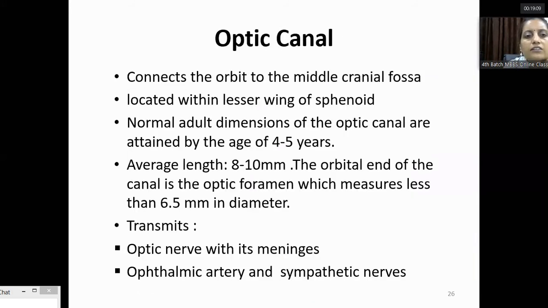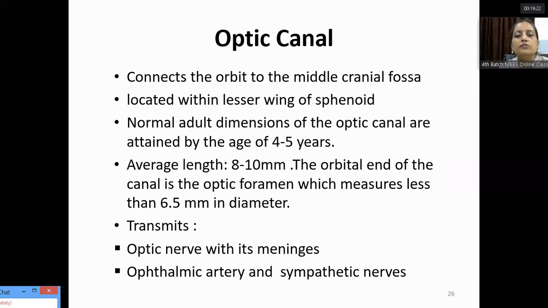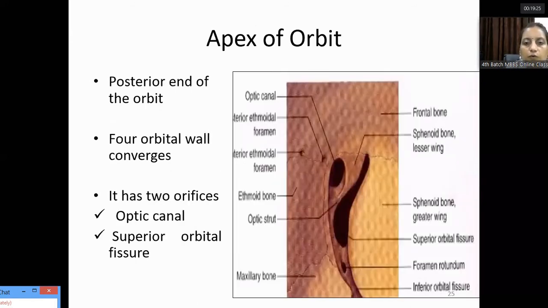The optic canal connects the orbit to the middle cranial fossa, and it is located in the lesser wing of the sphenoid bone.